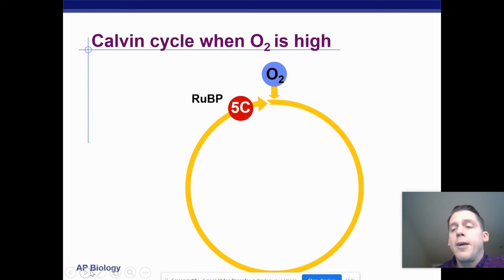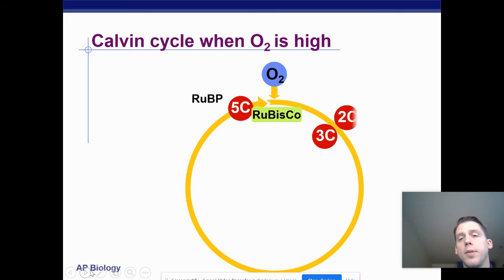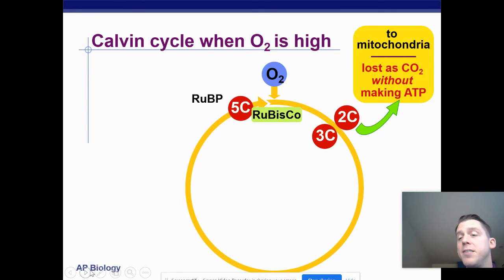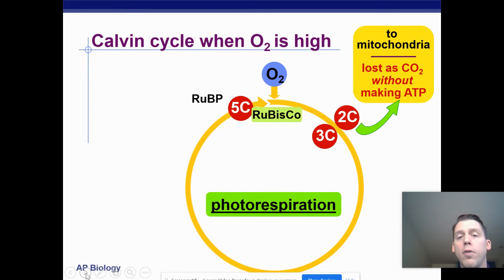When O2 is high, so if you're a plant in a hot and dry climate, O2 is going to bind, and instead of making two 3-carbon compounds, one of those compounds is just going to be a 2-carbon compound. And that 2-carbon compound is basically going to go to the mitochondria, and it's going to get lost. And it's not even going to make any ATP because it can't. It's not quite the right compound. So we're just losing about half of our sugary compounds through photorespiration.